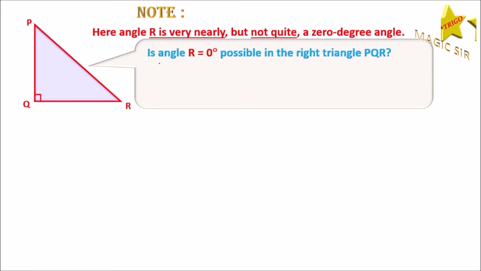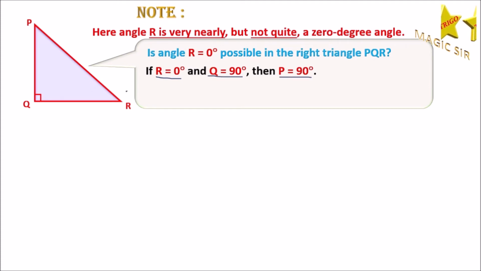Look at this speech bubble. Is angle R equal to 0 degrees possible in the right triangle PQR? R equal to 0 degrees is possible. Let us check.